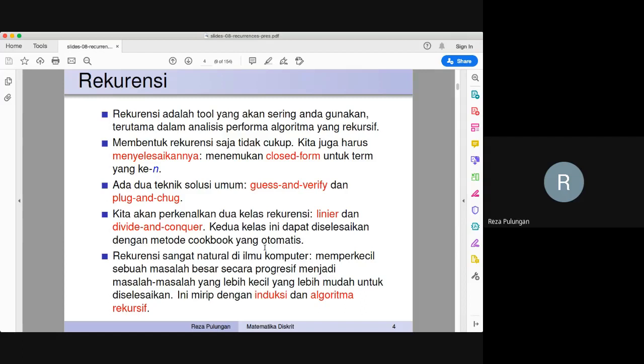Once it is small enough that you can conquer it in a simple way, you proceed, and in the end you can solve the whole problem. This is similar to induction and recursive algorithms. This is very natural in computer science. It is basically what we are doing when we design an algorithm, and recurrence also displays this characteristic.